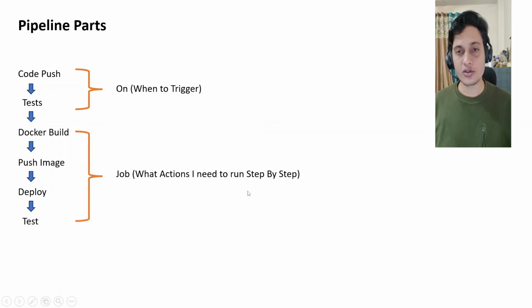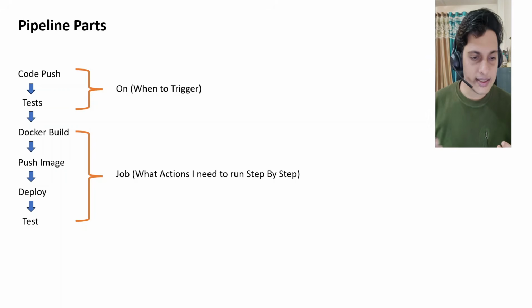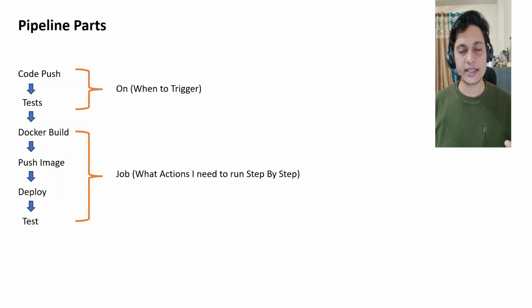Now the second part is job. This job is something which will be triggered by this on part. It is the action I need to run step by step. Let's say you have just pushed your code and it is in the pending process. There are companies which use, let's say, a dev server.